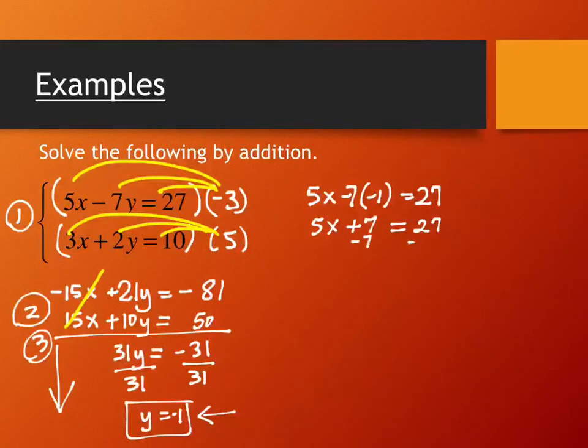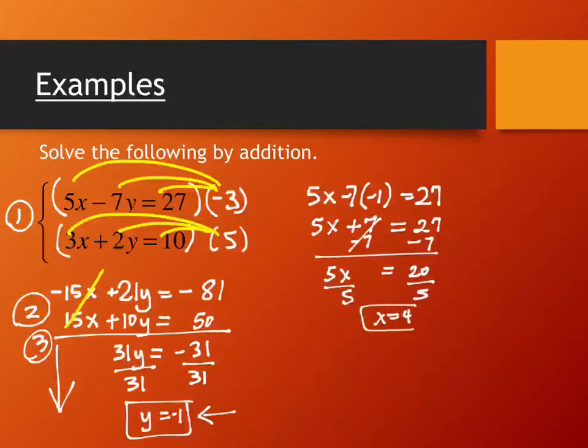Subtract my 7, so these add to 0. 5x is equal then to 20. And when I divide by 5, what's x? Yeah, x is 4. And then I'm always going to write my solution as an ordered pair. X is 4, y is negative 1. So this is my answer, my solution.